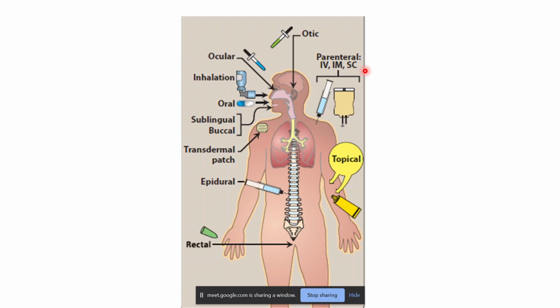The advantage of these routes is bypassing the GI tract, because most of the drugs, especially high molecular weight drugs, are unstable in the GI tract. For example, proteins like insulin are destroyed in the acid, and that is why they are used only parenterally.